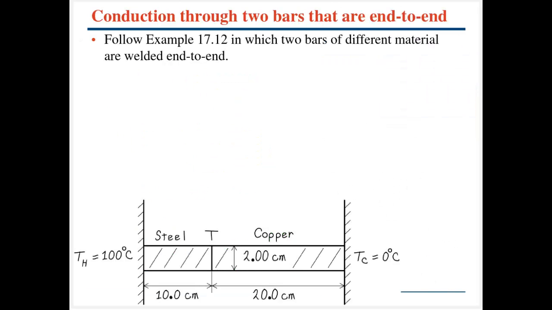We can take a look at two bars that are end to end. There's going to be a hot side and a cold side. Something that these two objects share is how much energy is flowing through them, so their energy per unit time must also be the same.